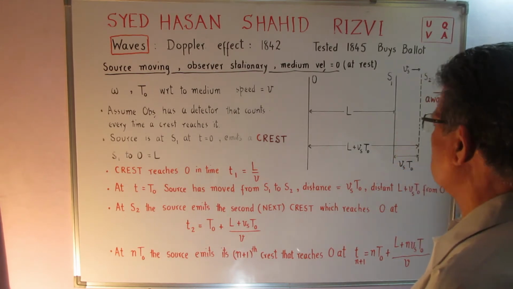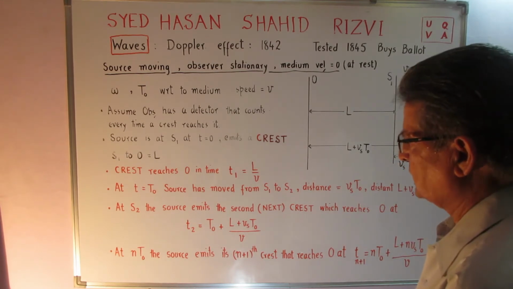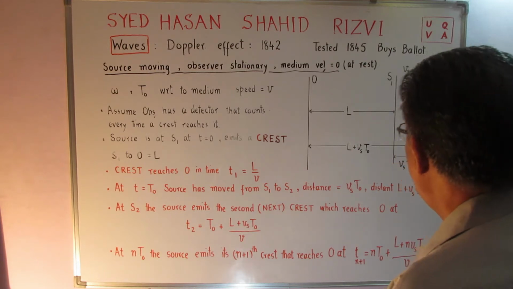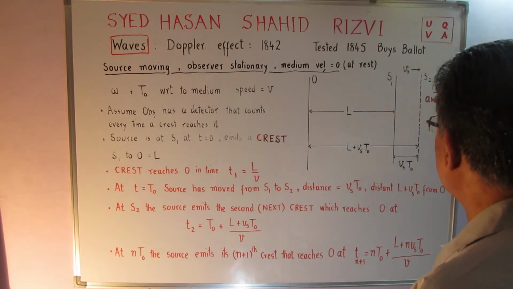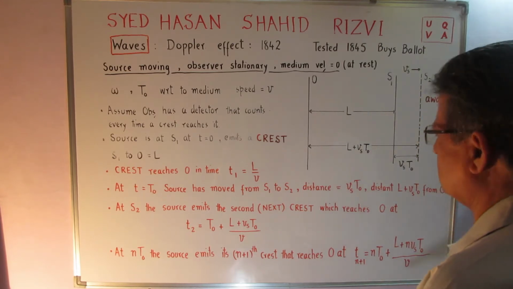It doesn't know what's going to happen next. But the source is moving with the velocity Vs away from the observer.